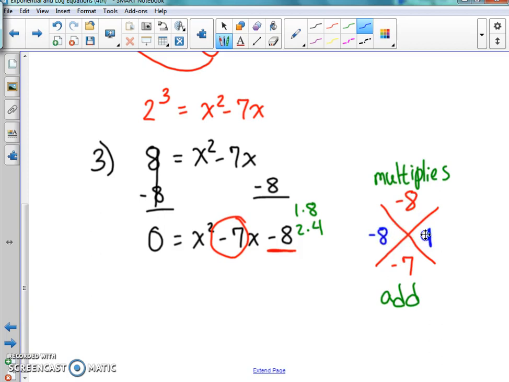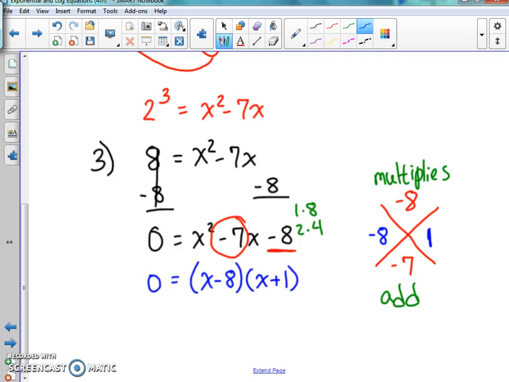But when you do negative 8 plus 1, it gives you negative 7. So negative 8 times 1 gives you negative 8. Negative 8 plus 1 gives you negative 7. So when we do this, we have x minus 8, x plus 1.